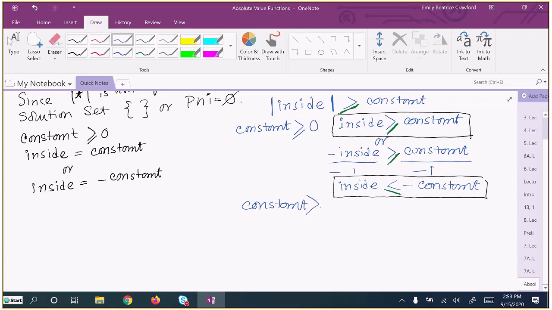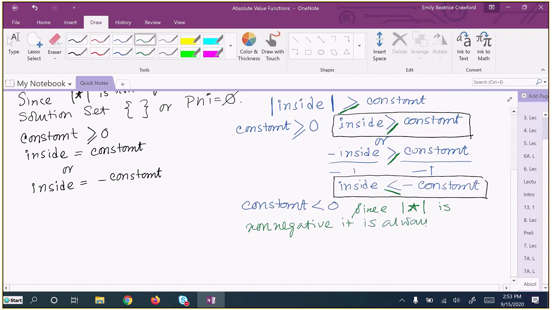It's a negative value. If you have this constant on the right hand side to be less than 0, then since the left hand side is the absolute value function, and you know the absolute value function is always non-negative, I go ahead and say that since absolute value is non-negative, it is always greater than or equal to a negative constant.